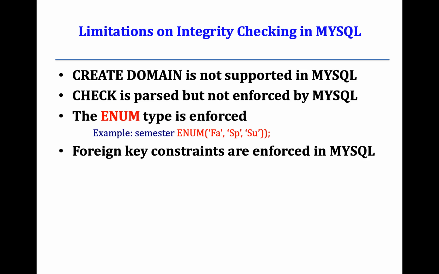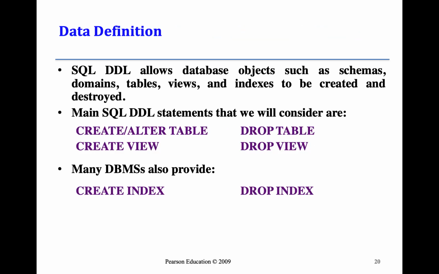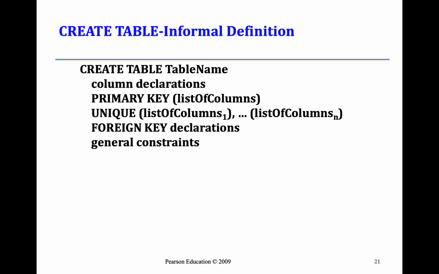Okay, so finishing up, putting it all together, we can create a table by using the create table command. Informally, you say the table name, then you have your column declarations, then you indicate what the primary key is, then you indicate what are the alternate keys, then you have your foreign key declarations, and you end with your general constraints.